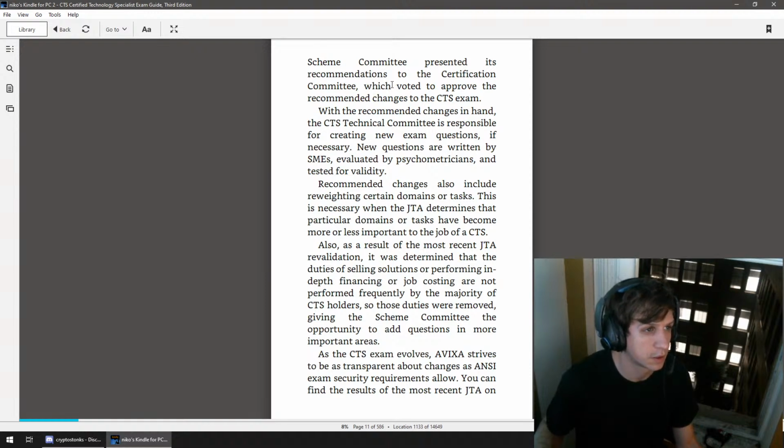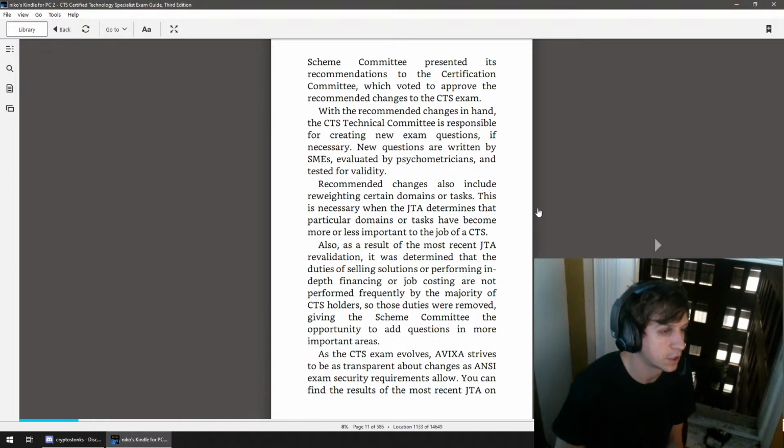With the recommended changes in hand, the CTS technical committee is responsible for creating new exam questions if necessary. New questions are written by SMEs, evaluated by psychometricians, and tested for validity. Recommended changes also include reweighting certain domains or tasks.